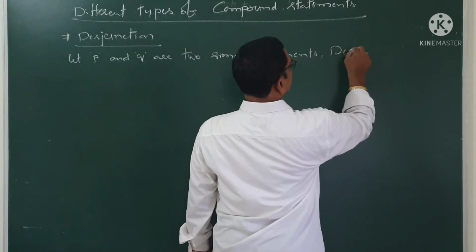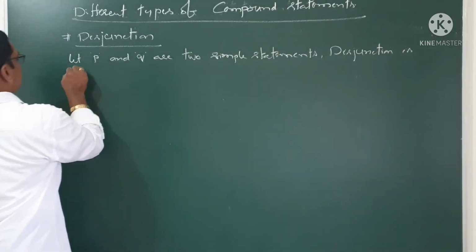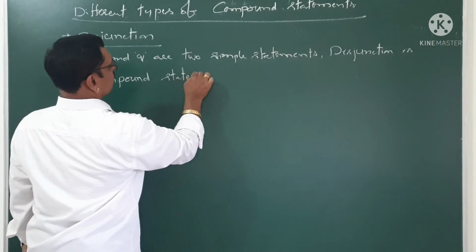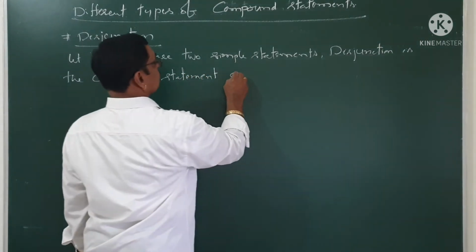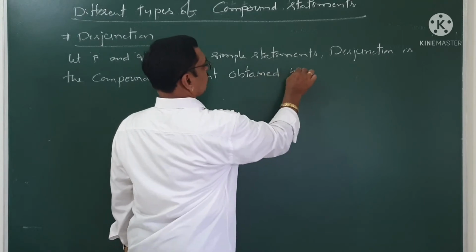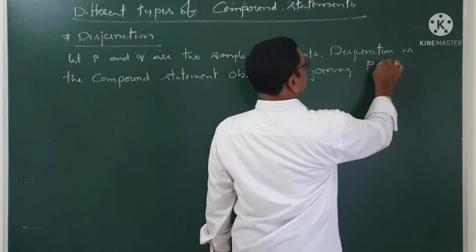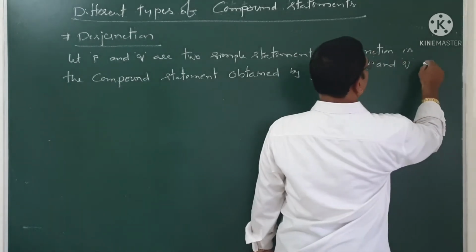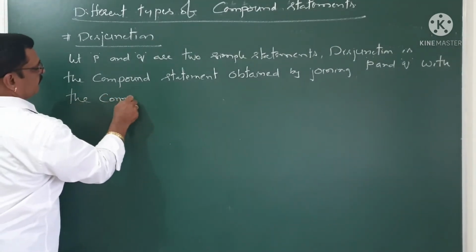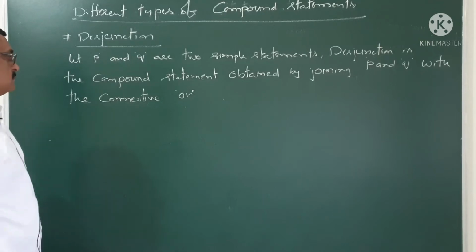Disjunction is the compound statement obtained by joining P and Q with the connective or.